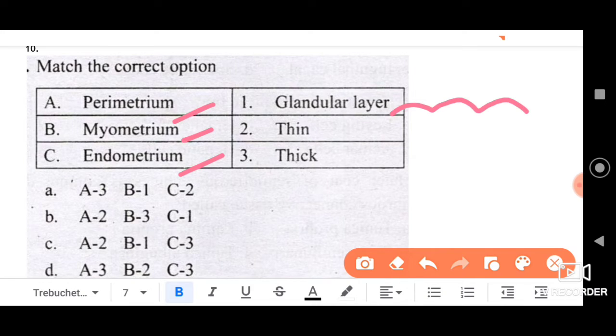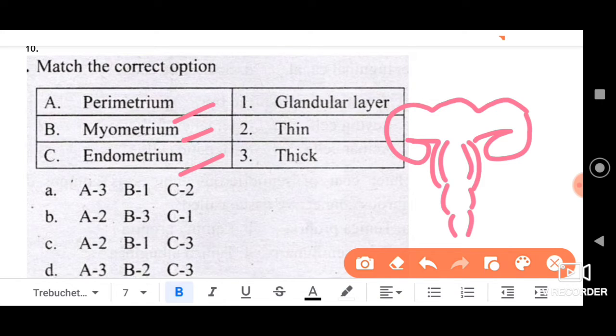If you are talking about the female reproductive system, this is the uterus, and it has three layers. The outer layer is the perimetrium, the middle layer is the myometrium, and the inner layer is the endometrium.